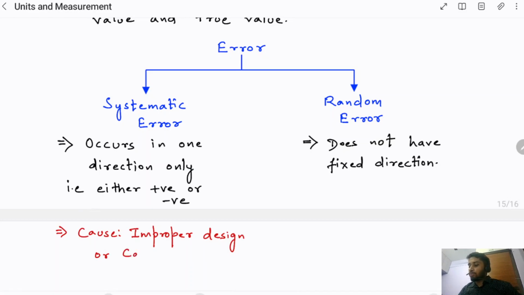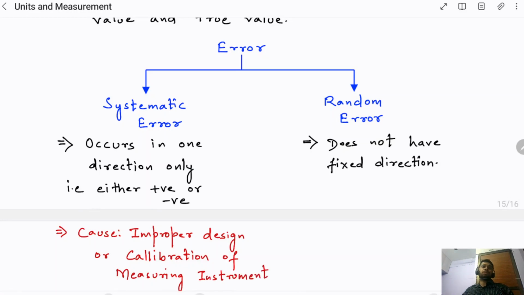What it means is that whenever we are trying to take any measurement from any measuring instrument, there is a high probability that that measuring instrument may have a zero error.